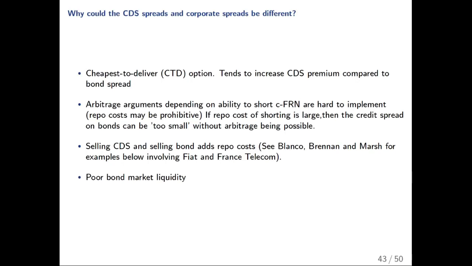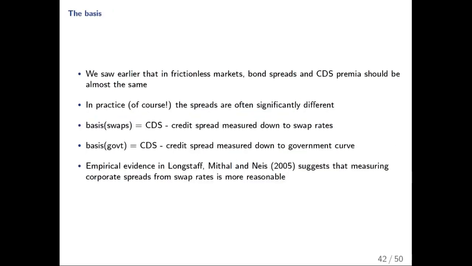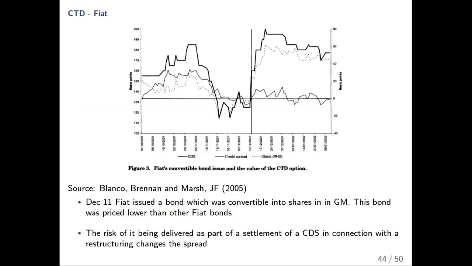In practice, there are costs to shorting bonds, and this also affects the CDS premium. This generates something called the CDS bond basis, which is the difference between the corporate bond yield and the equivalent CDS on that reference entity. It varies a lot, especially in crisis periods.